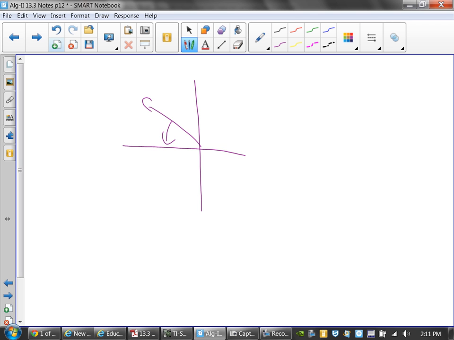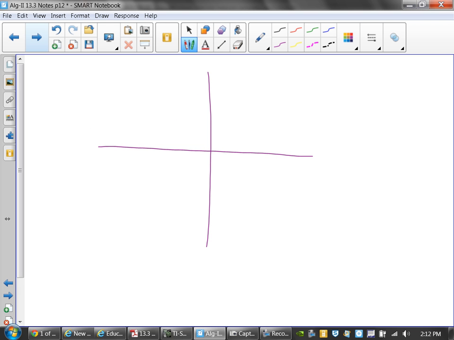So think about what we just looked at. Let's start this fresh. We were in quadrant 2, and we had that 150-degree angle here. How far off of the axis is it? It's 30 degrees. Does everybody agree that this is 180 degrees here? Yes.